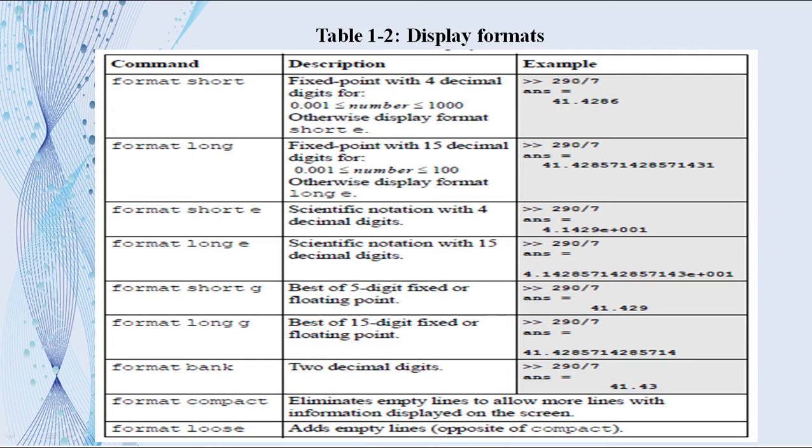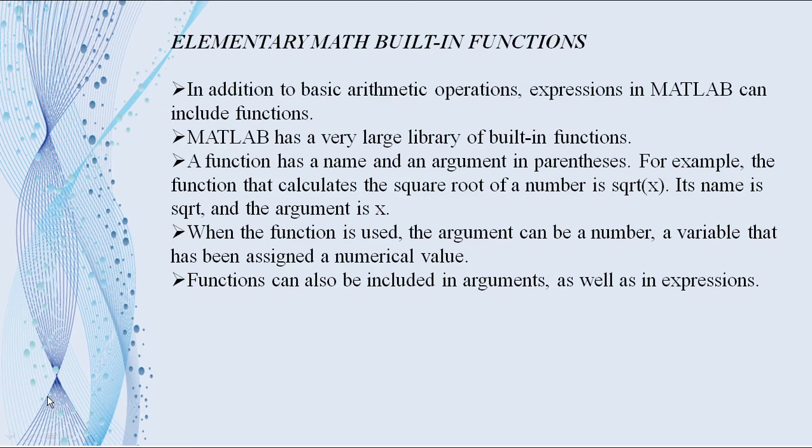Format loose is the opposite of it. If you need space between the lines, you can give n number of spaces, but there are restrictions. You can still delete those empty lines with the help of format compact. So now we have seen the display formats.